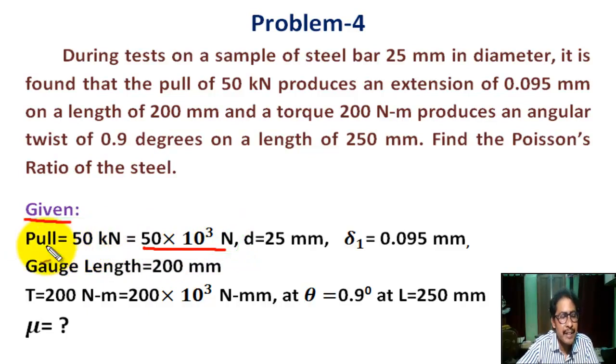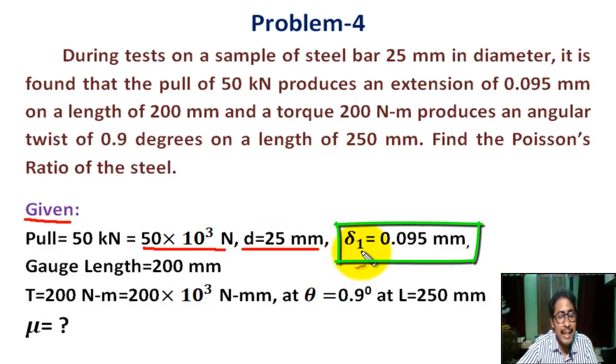Pull means tensile force is applied, 50 kilonewton. Here D means diameter of the steel bar equal to 25 millimeter.